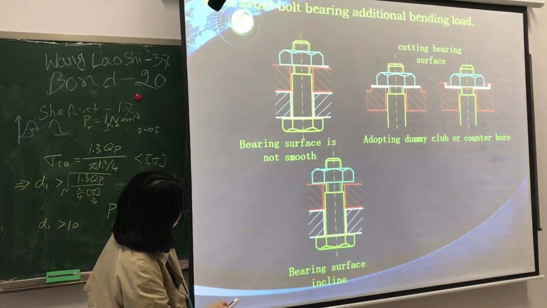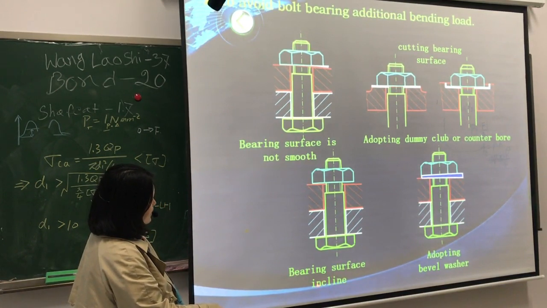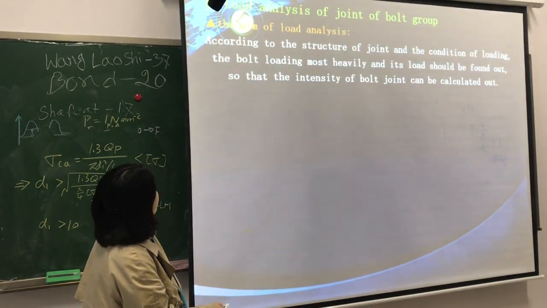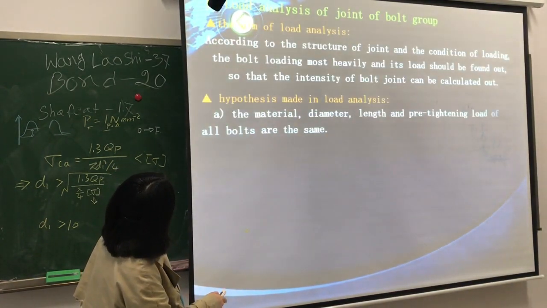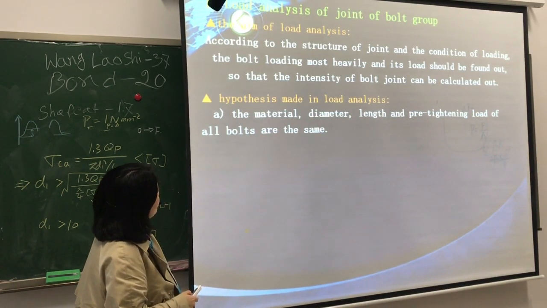We can use this for the inclined surface. Okay, we use the washer.